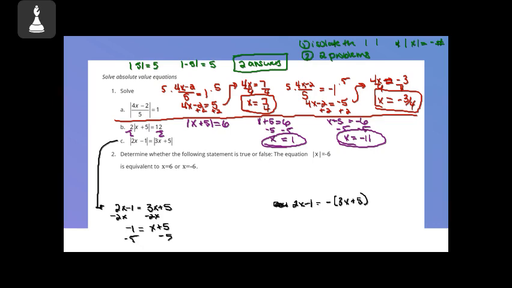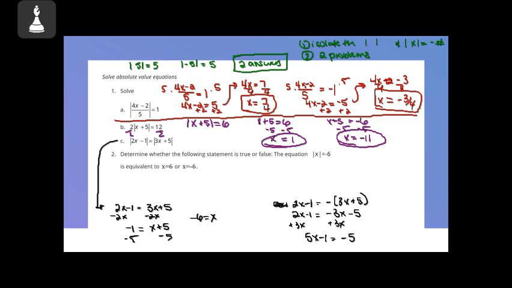For this one, I'm going to add 3x because negative 3x is smaller. I get 5x minus 1 equals negative 5. I can then add 1 to both sides. I get 5x equals negative 4. And if I divide by 5, x equals negative 4/5.